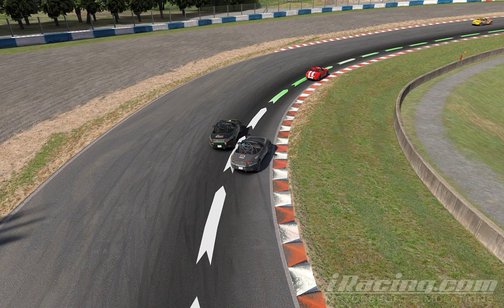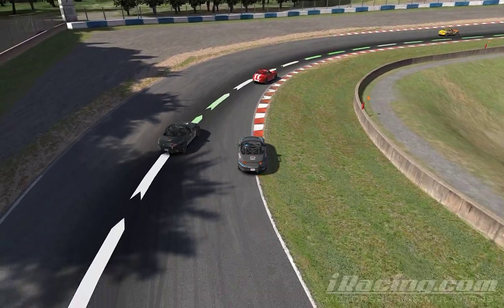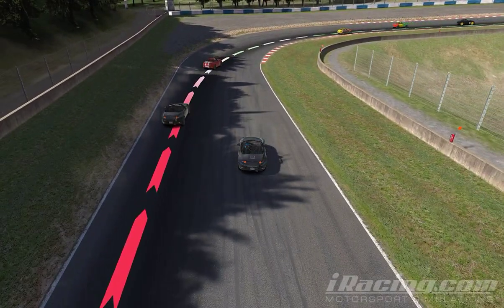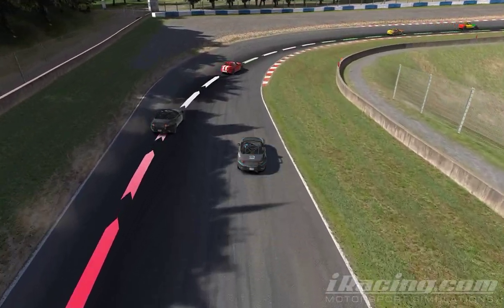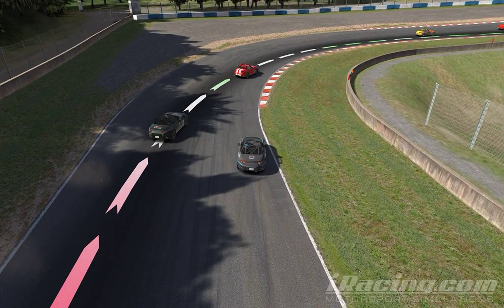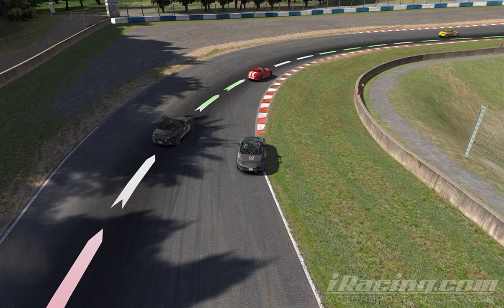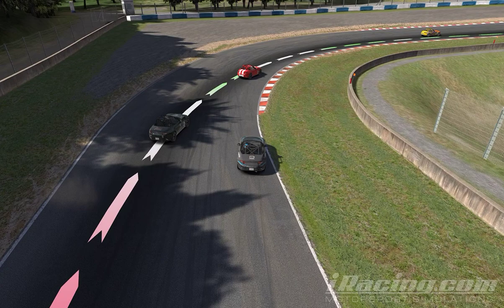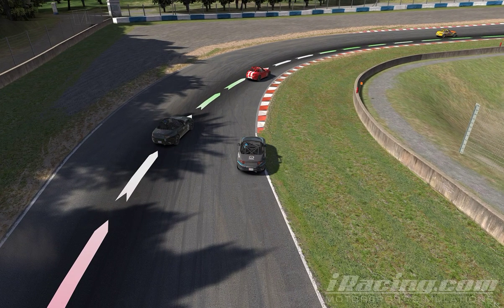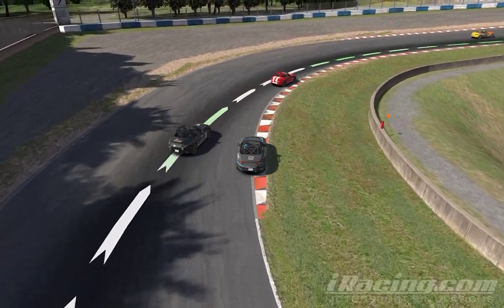Oh, and then there's contact. So the leading car has done absolutely everything correctly. And since he's done everything correctly, I don't think there's any way that there was enough time, excuse me, between when the trailing car gained position, right, and the point of contact.